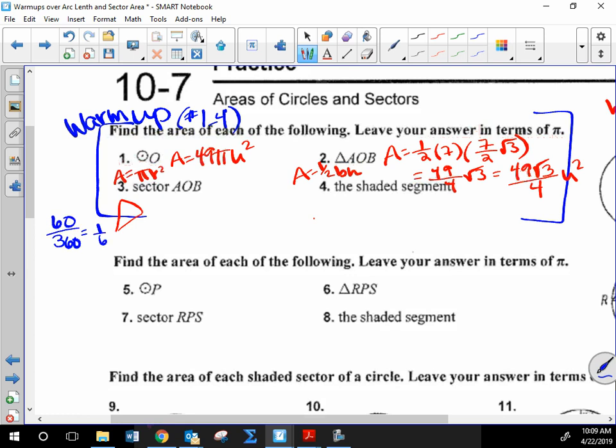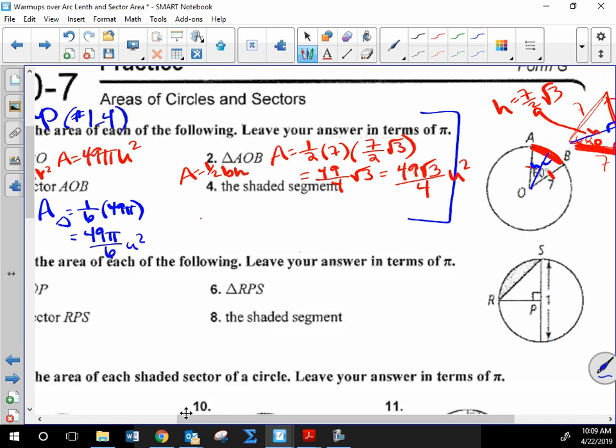We want the area of that, so I just have 1/6 of my area. So my area of this sector, the wedge, is 1/6 of the area of the circle, which is pi r squared. We already found up here, 49 pi squared. All right, can I reduce 49 over 6? No. Nope. So this is a lovely number, 49 pi over 6.